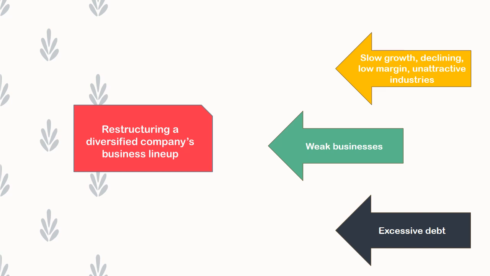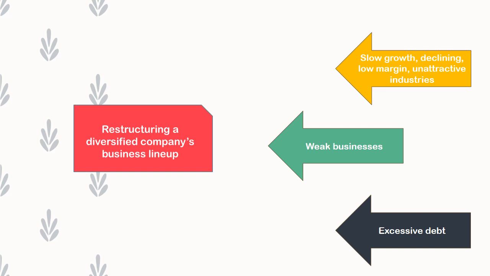Lastly, restructuring a diversified company's business lineup. Radical surgery on the business lineup is necessary when there are too many businesses in slow-growth, declining, low-margin, or otherwise unattractive industries, too many competitively weak businesses, and an excessive debt burden with interest costs that eat deeply into profitability.